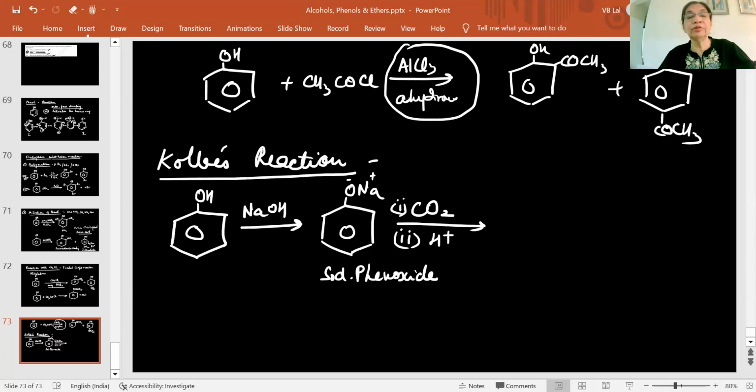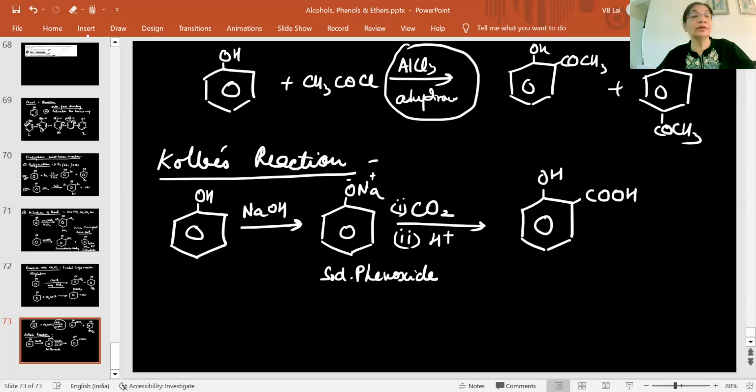Why acid? So that it changes again into phenol. Here is O minus, and on the ortho position COO from carbon dioxide, and H plus attaches here as well as here.